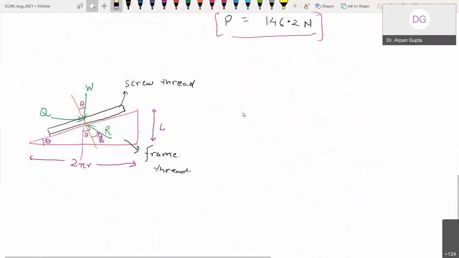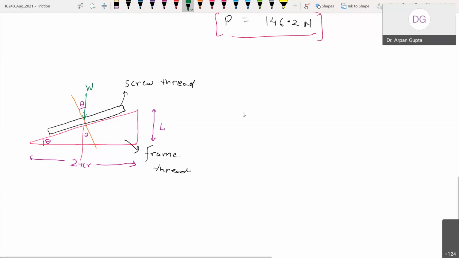Okay, so now we are removing this force Q. The moment we remove this force Q, this resultant R will try to move back to the normal, and it will move away from the normal so as to balance this load W. So this R will not be in this position.